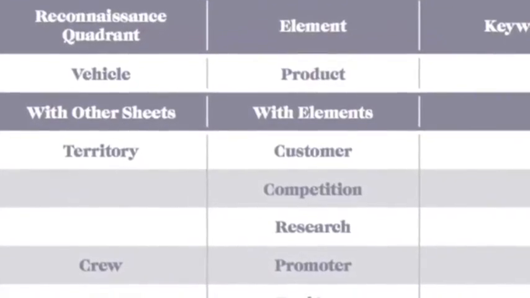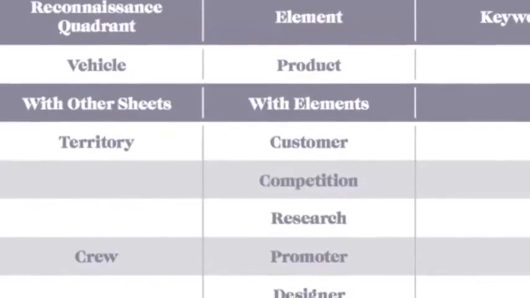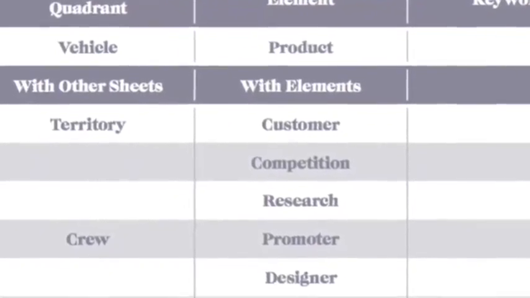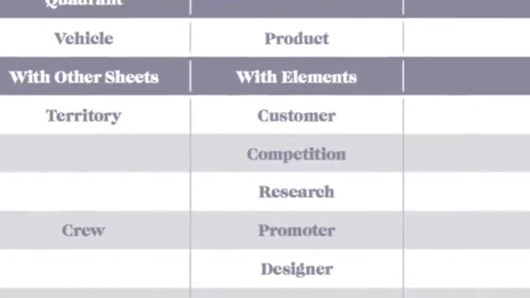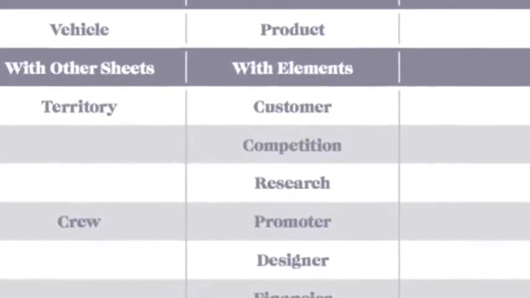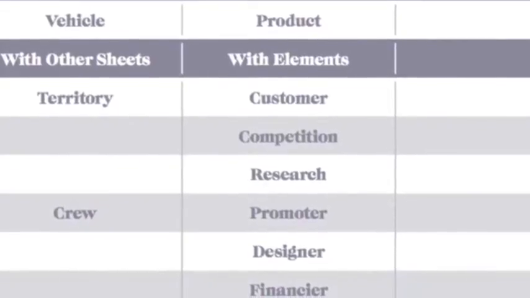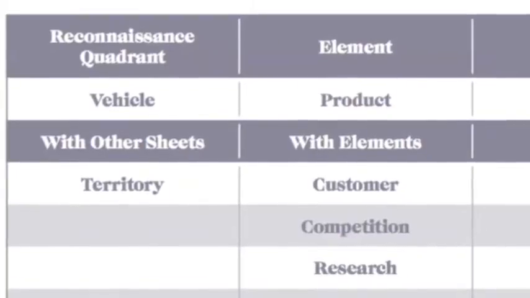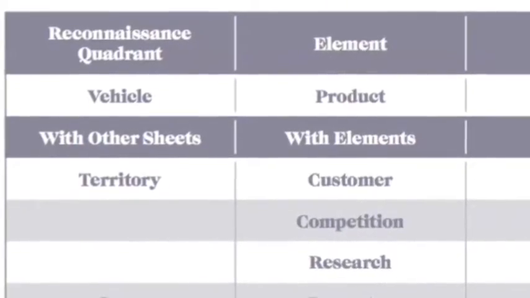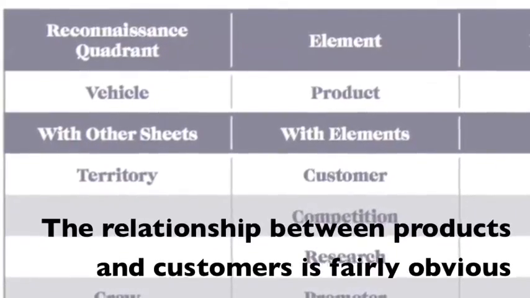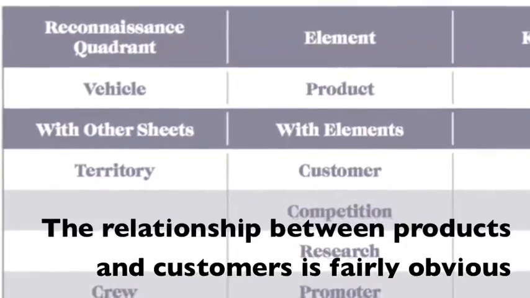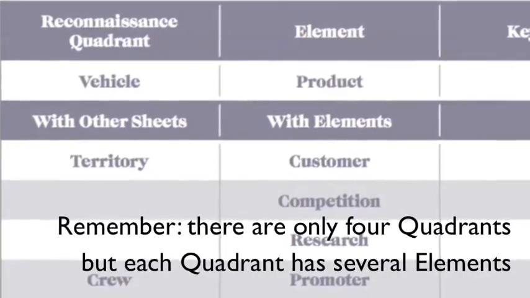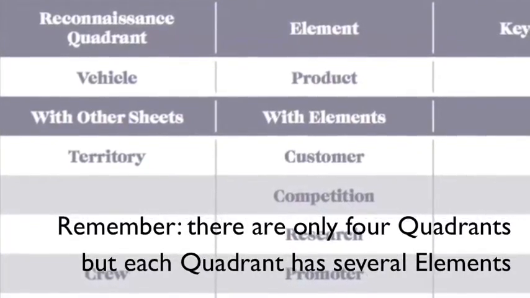So what I'll finish up with is a number of mapping logs for every quadrant that I work through, and I'll have one mapping log for each element that I identify as having a relationship with other elements. For my own mapping exercise for product, I've identified a number of elements from other quadrants that I believe have a relationship with or an impact on the product.